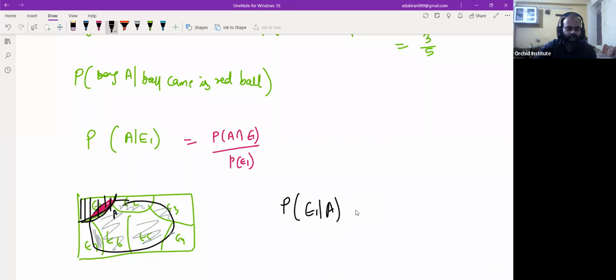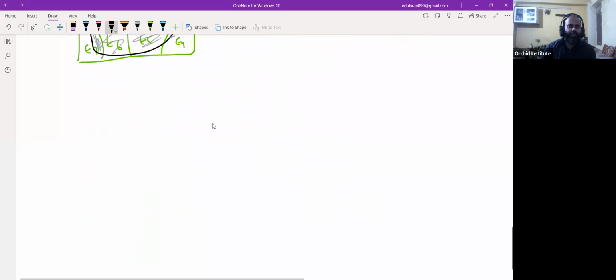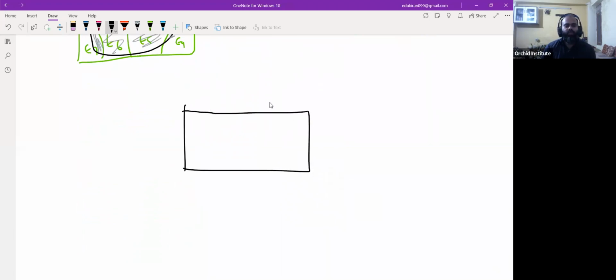In the above example, the sample space is split into two events. This is one event E1, this is another event E2.